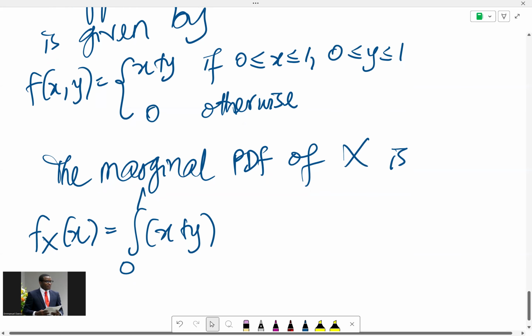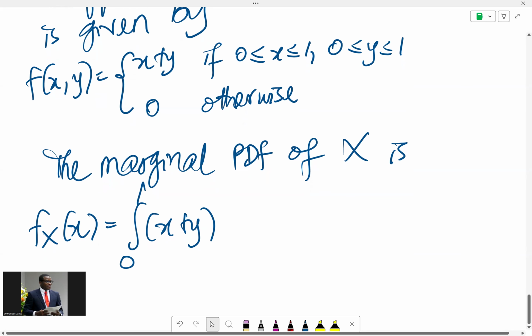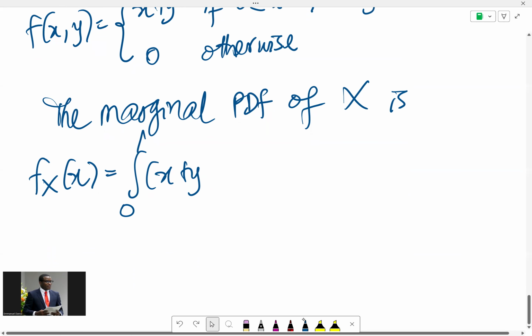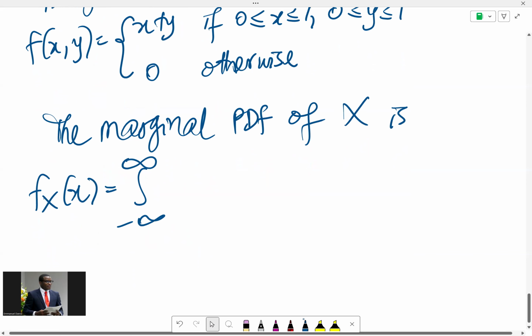Of course, normally it should be negative infinity to positive infinity. I won't do it for the other ones. So the integral from minus infinity to infinity of f of x, y, dy.